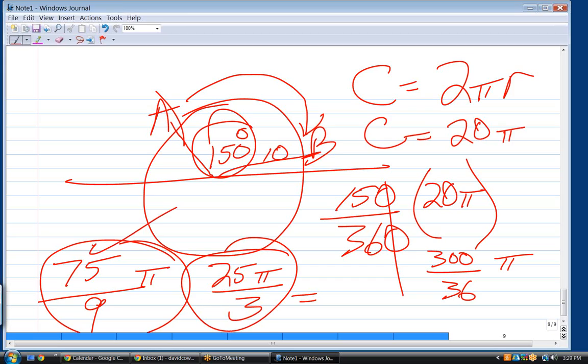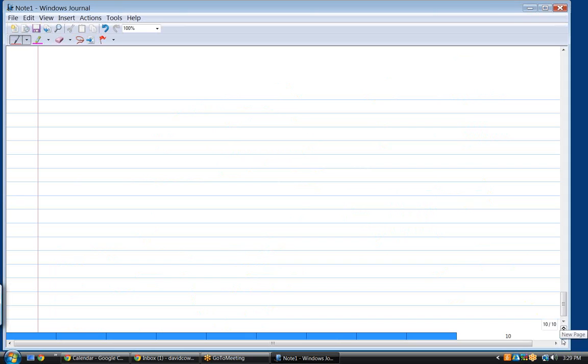You might not lose full credit, but you'd lose a little bit of credit. You always want to simplify your answer down as far as it'll go. And I'm not going to replace pi with 3.14. I'm going to give my answers in pi, which is what we do all the time at this stage. Don't convert pi to a number.